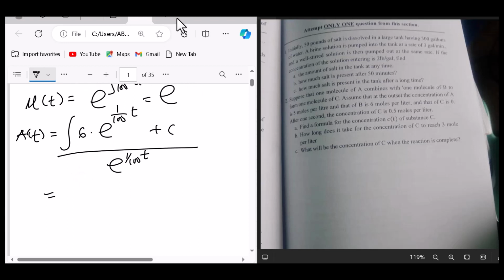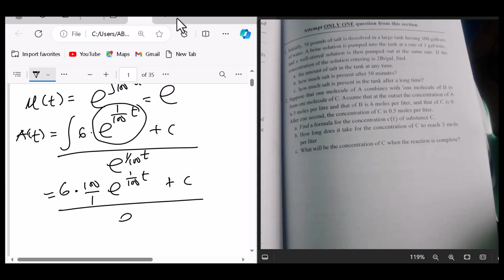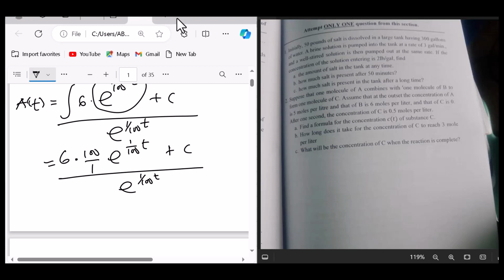Now doing this, we just have 6, and integrating this will just be times 100 over 1 e to the power 1 over 100 t, plus c, all over e to the power 1 over 100 t. And so dividing through, we just have 600 plus c e to the power negative 1 over 100 t, like this. So this is our A of t.